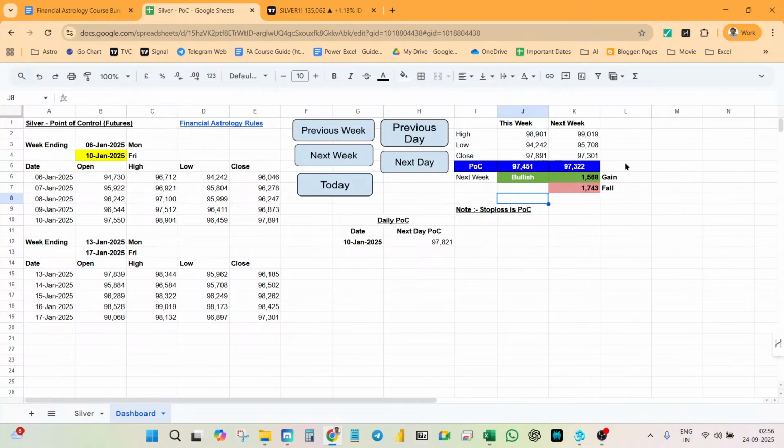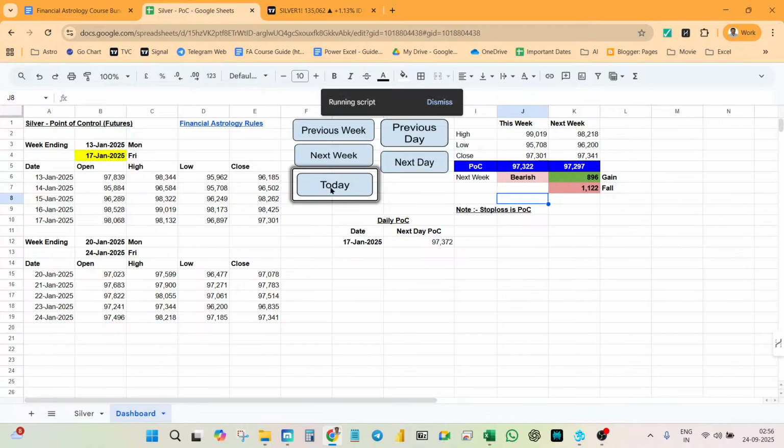For next week also we know the POC. Next week it is bullish, then bearish, and we saw a 1122 points fall. So two things you have to follow: you respect the POC, and you follow the view for the next week, and the stop loss should be the POC.